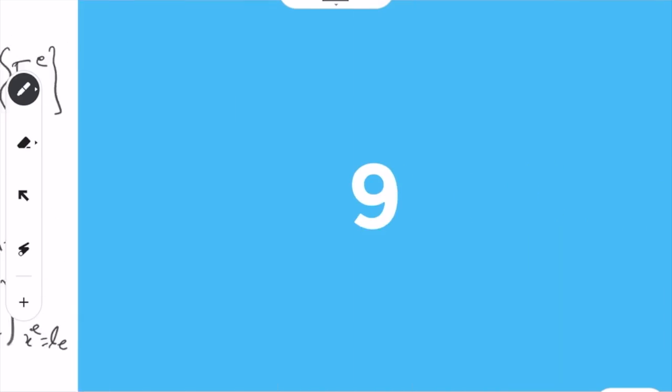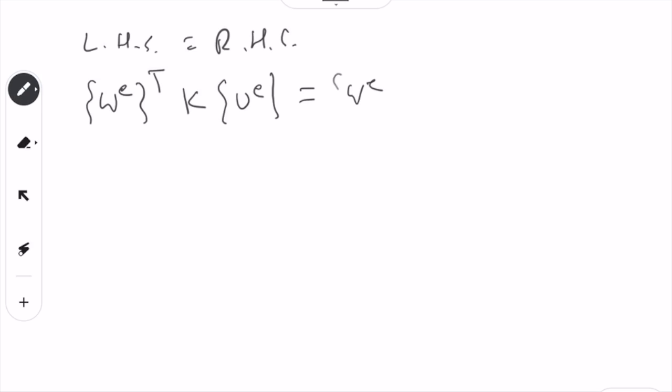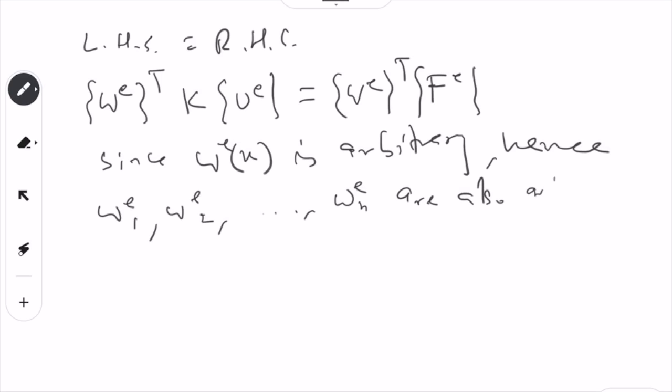So left hand side equal to right hand side, and that means W_E transpose K U_E is equal to W_E transpose F_E. Since W_E is arbitrary, hence W_E1, W_E2 and so on, W_E for the n number of nodes in that element, are also arbitrary.